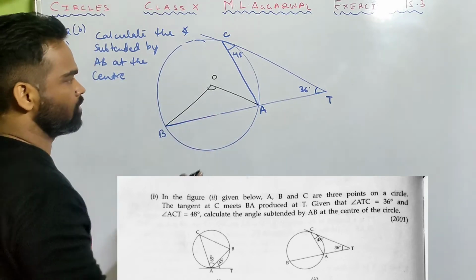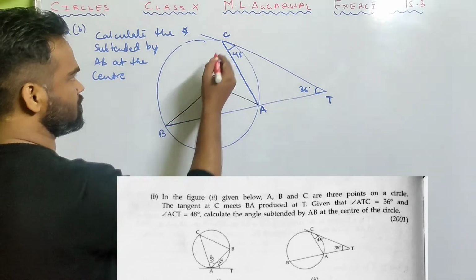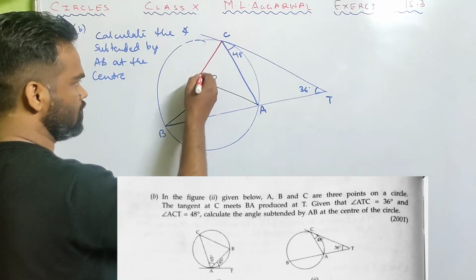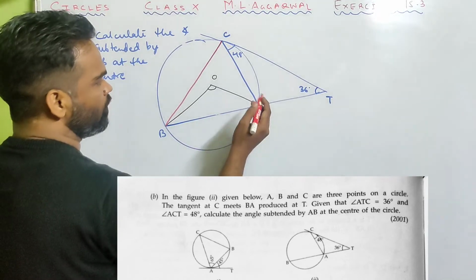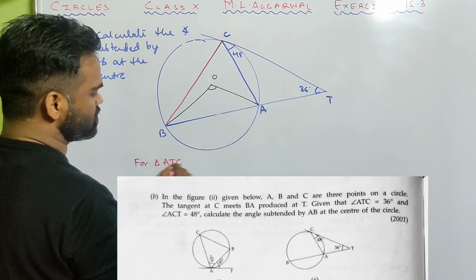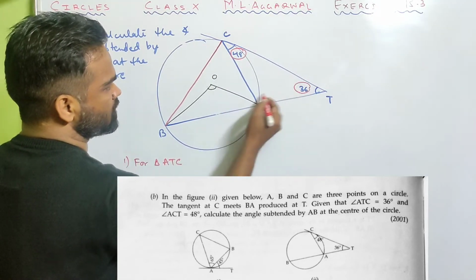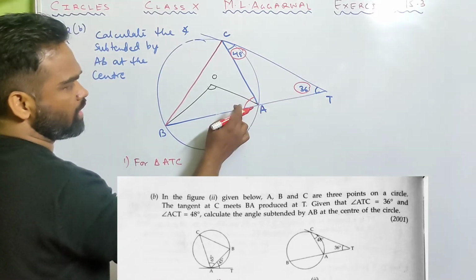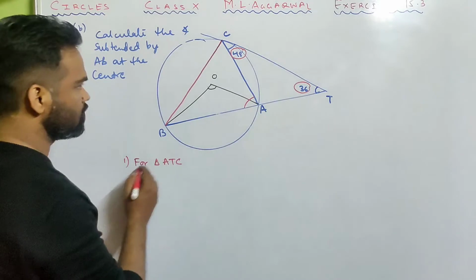Now first of all, look, what we'll do, join BC. Join BC. Now look carefully. For triangle ATC, this plus this will give you this. Exterior angle equals the sum of opposite interior angles. We know this.